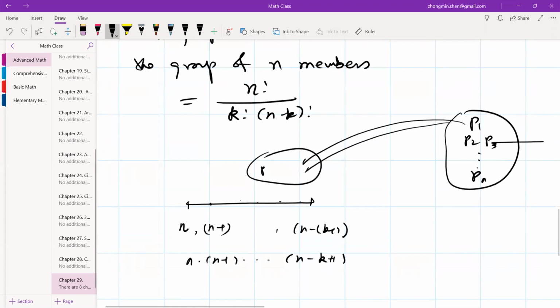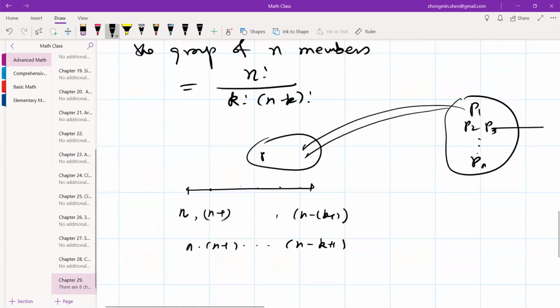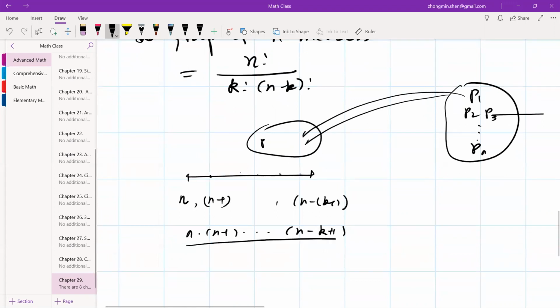But if we do not count the order, we can permute them. Then you have to divide by k factorial. So this is the number of groups of k members.